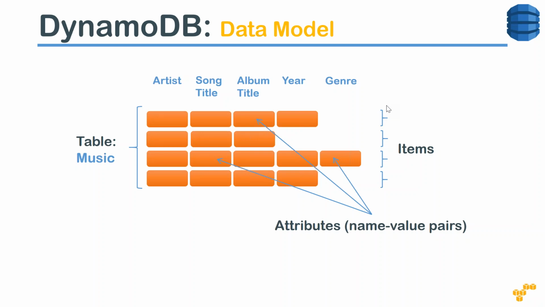Here there is a collection of songs. Think of each and every row here, or the 4 blocks that you see here, each of them is an individual collection. They are not at all linked, but it is shown as a table of music. Let us say this is collection number 1, collection number 2, collection number 3, collection number 4, and so on. If you see here, collection number 1 has all the parameters: artist, song title, album, and year.